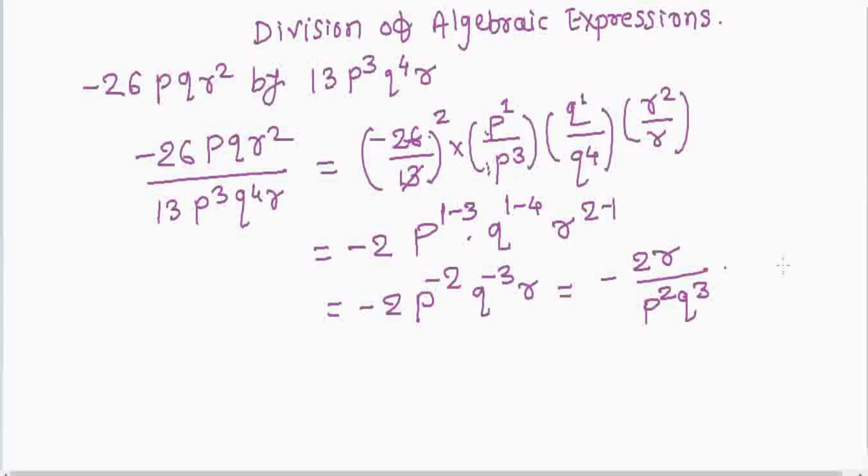Okay, if we have a polynomial and we want to divide by a monomial, let us see how the process of division works. Suppose we have 4y cube plus 5y square plus 6y, and we want to divide by 2y.